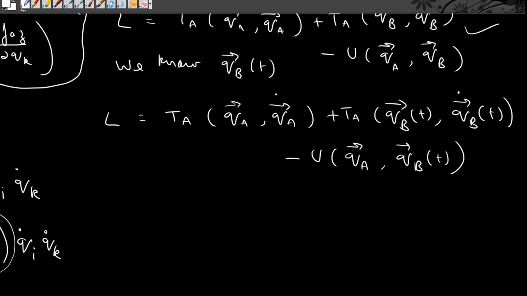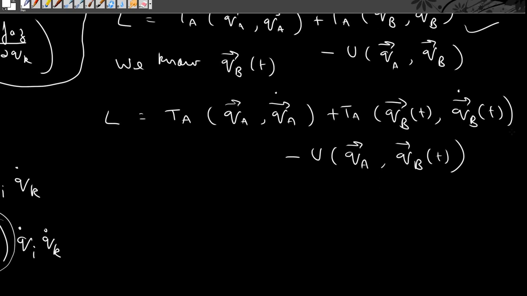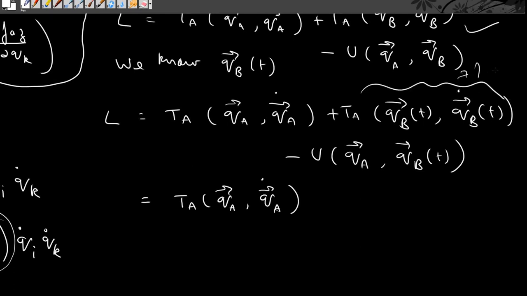Okay, so now what we have basically done is we have replaced QB by the appropriate functions of time. Then this is going to have the following form: QA dot. Now since this whole thing has become a function of time, because QB and QB dot are functions of time, this can in turn be written as a derivative of some other function.